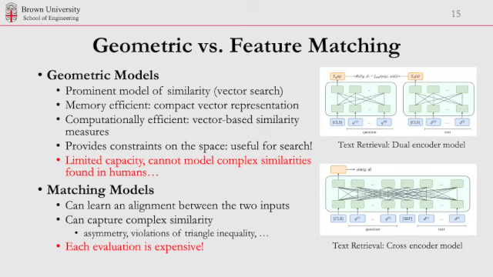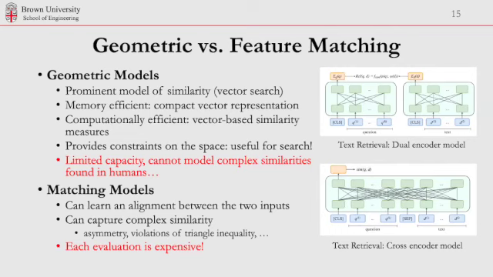They support a lot of applications like recommendation systems. But the benefit of these geometric models of representing objects by vectors is that it's very memory efficient. Each object is represented by this compact vector. They're also computationally efficient, the distances, since it's just essentially a vector norm.